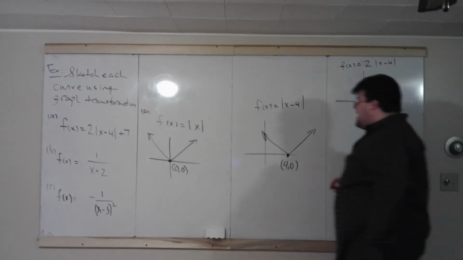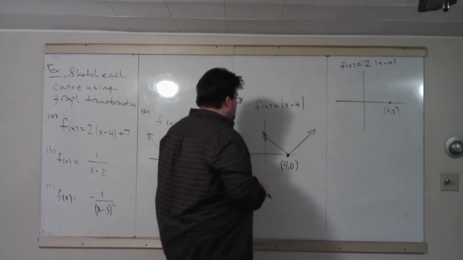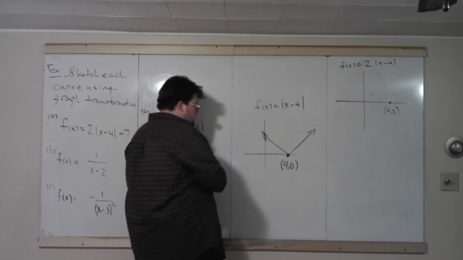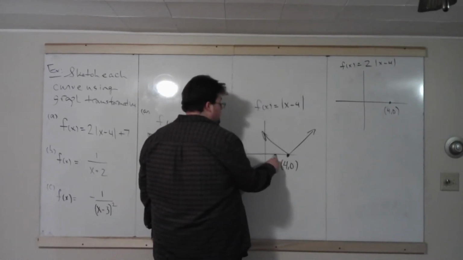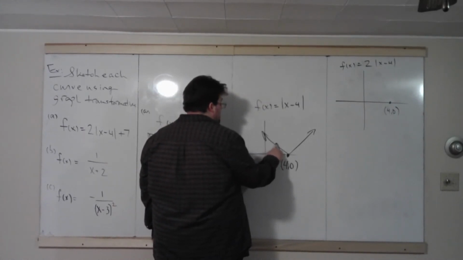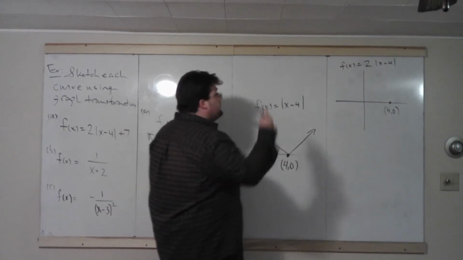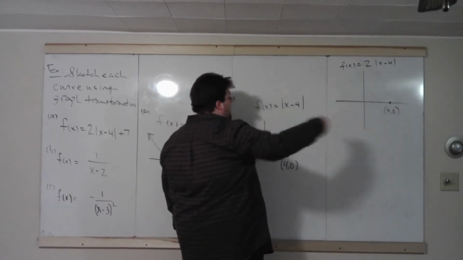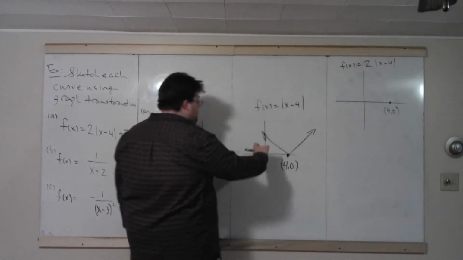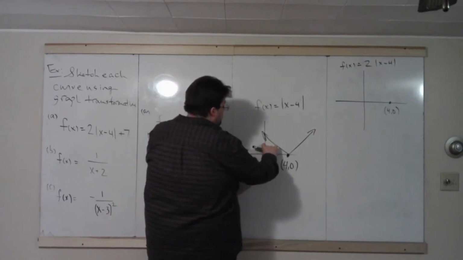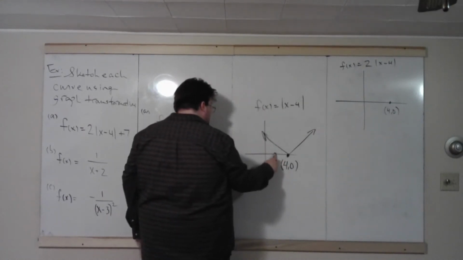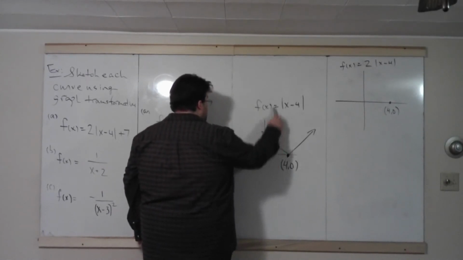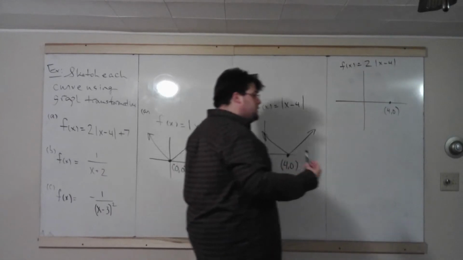But what does it do to every other point? You take an x value here. It has this y value, whatever it is. But this one says take twice that y value. So instead of this x value corresponding to a y value here, it's going to correspond to a y value much higher, twice as high.